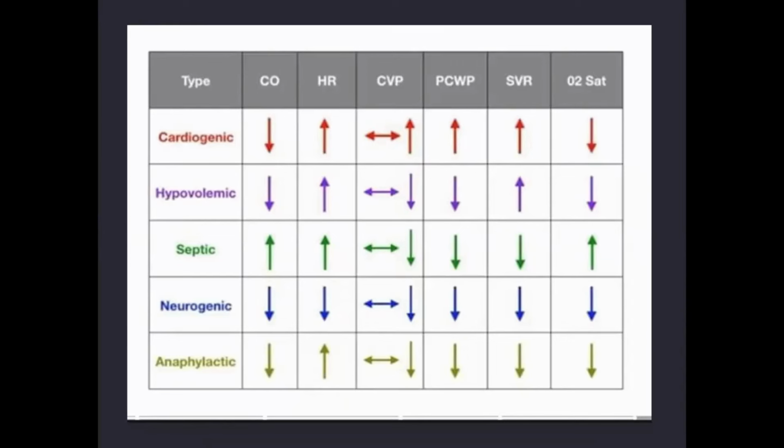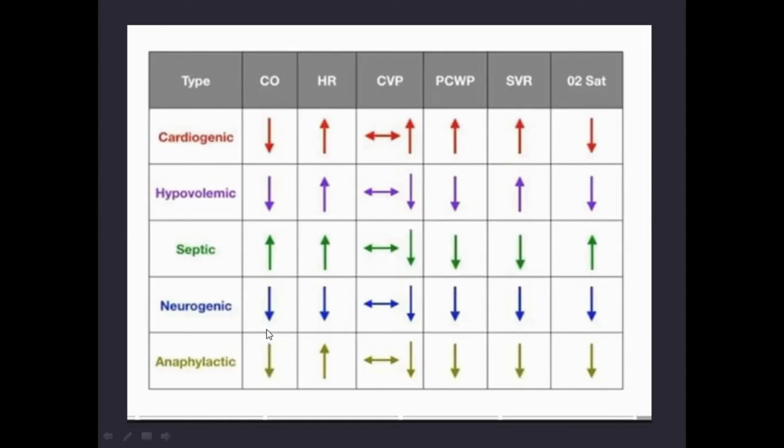Less blood is coming into the right atrium and more blood is leaving through the left ventricle, which results in the drop in pulmonary capillary wedge pressure in septic shock. And systemic venous resistance is down in all three types of distributive shock, because the commonality between them is that all distributive types of shock feature vasodilation, which results in decreased systemic venous resistance. And septic shock is the only exception in this case.